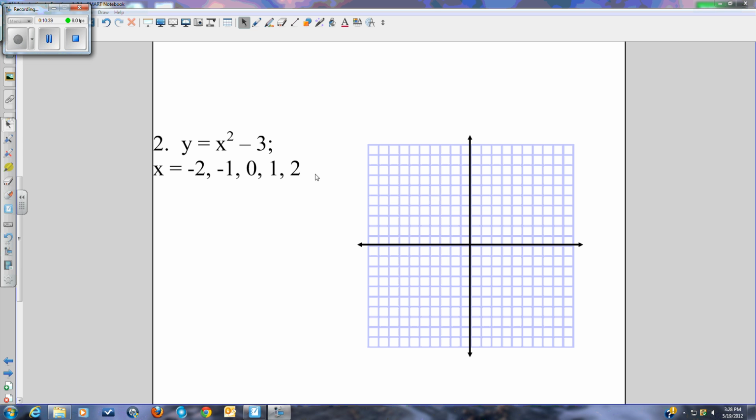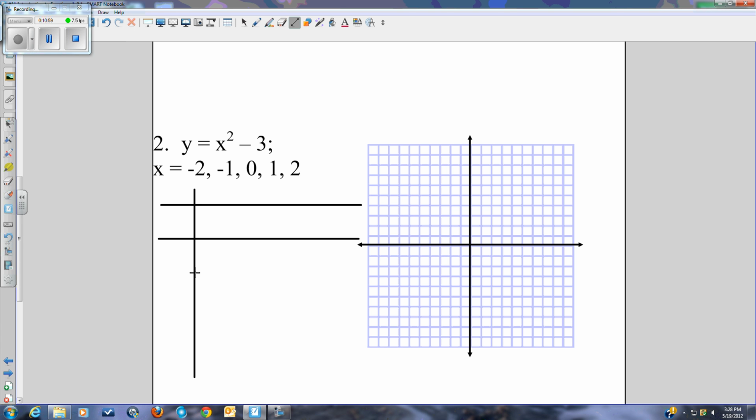Next, we have this particular formula, y equals x squared minus 3, and we want to make a table of values and graph for the values x equals -2, -1, 0, 1, and 2.